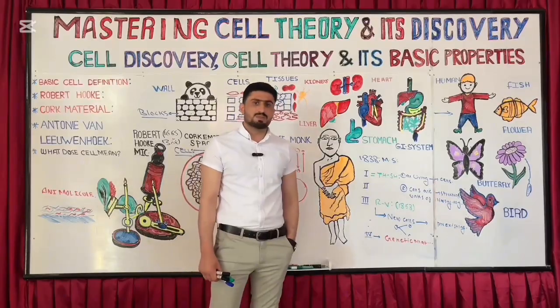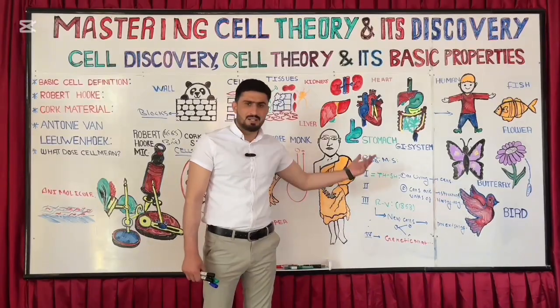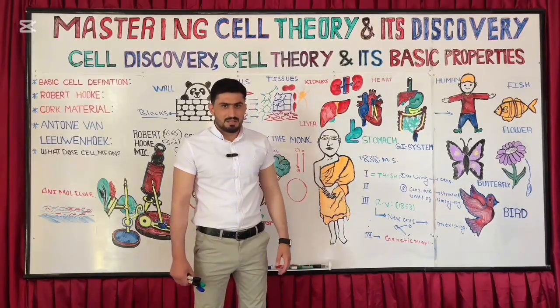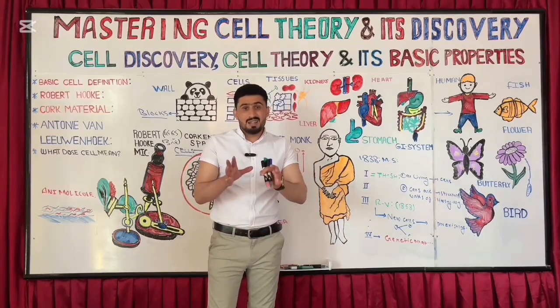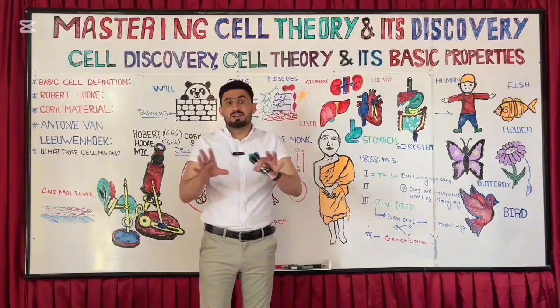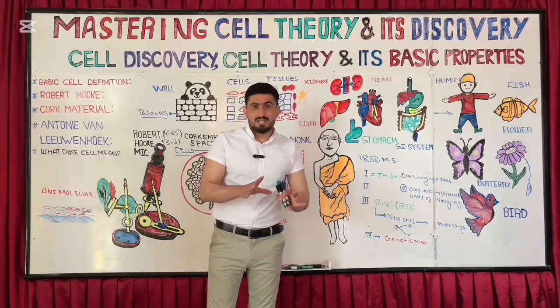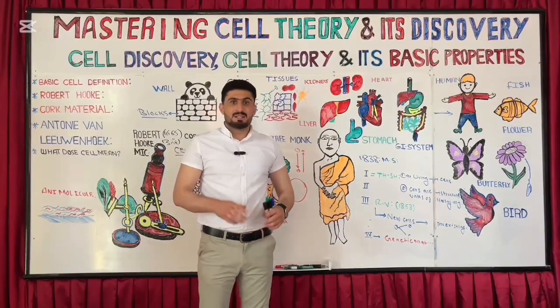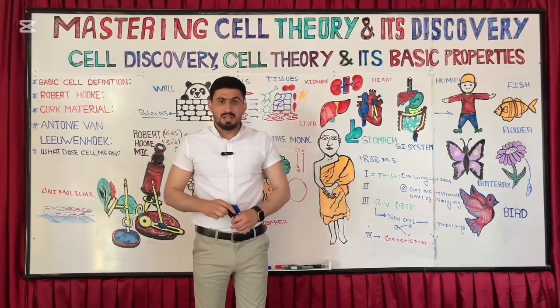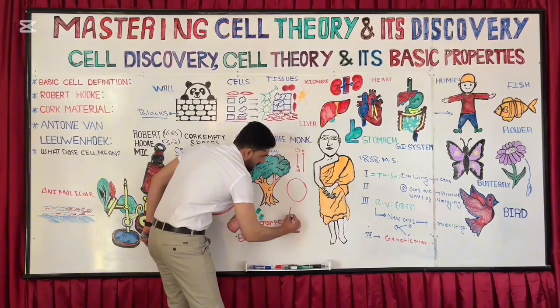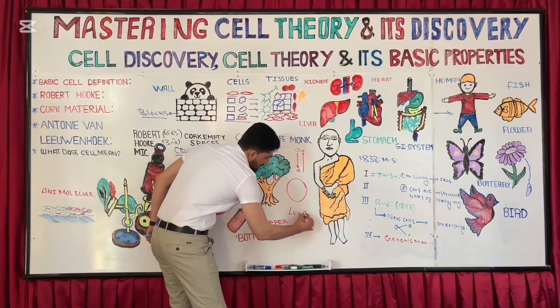Okay, and another property of a cell is an idea. We say that it's a hypothetical idea. We say that all living organisms on the earth originated from a single cell. That cell was on the earth thousands and millions of years ago, and this cell's name is LUCA, last universal common ancestor.